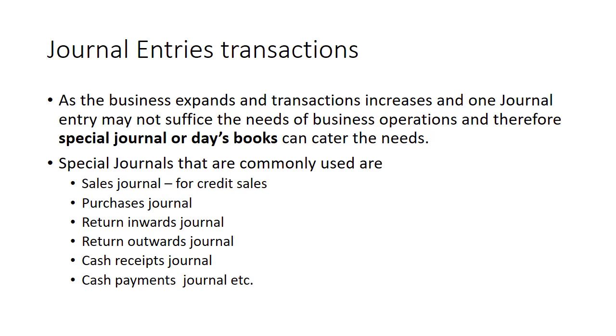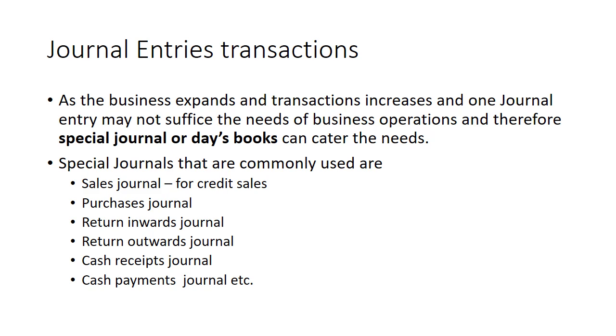Special journals commonly used are the sales journal, because sales are one of the transactions frequently encountered, but these are sales on credit; the purchases journal to record purchases on credit; and the returns journals, return inward and return outward. Again, a cash receipts journal to record cash receipts and a cash payments journal.